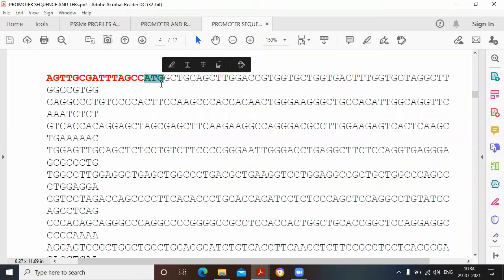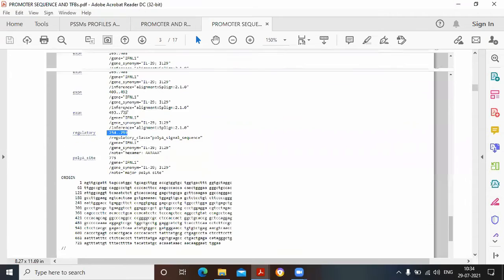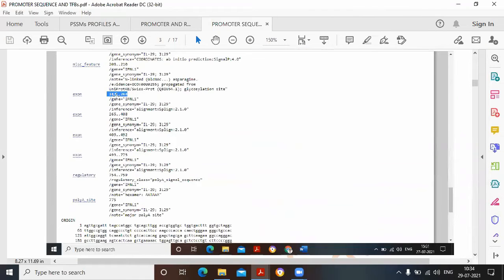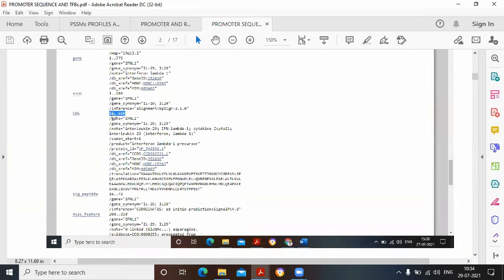ATG is the starting codon. Am I right? Here also the series starts from position 16, so positions 16, 17, 18 together give the starting codon.